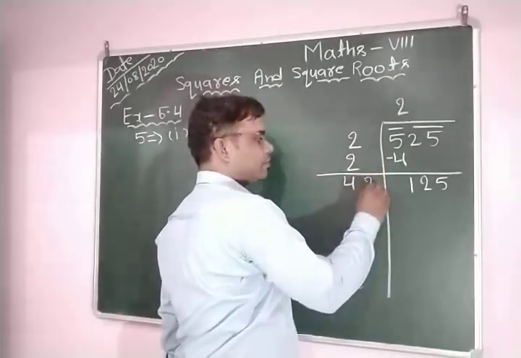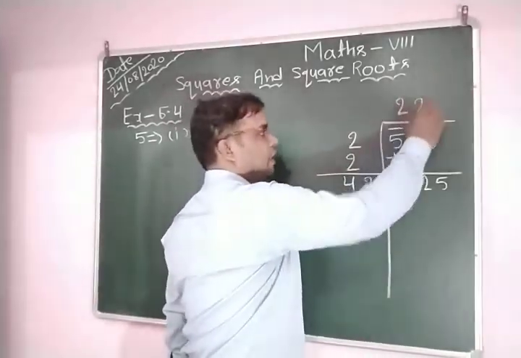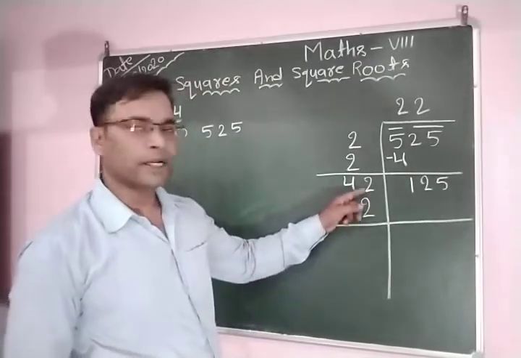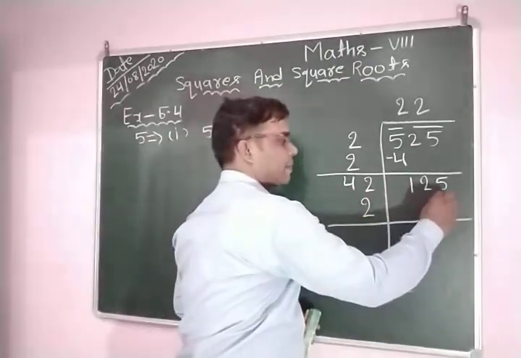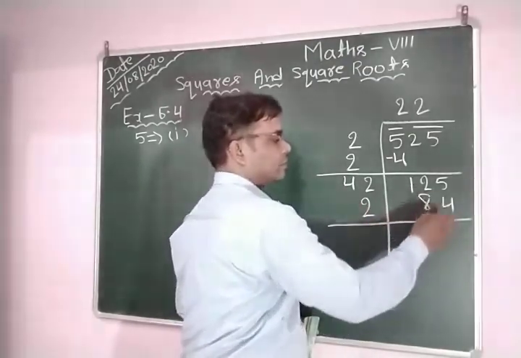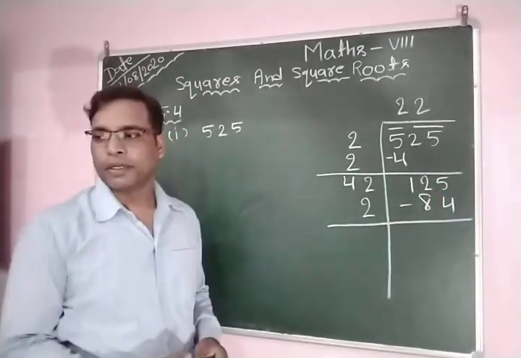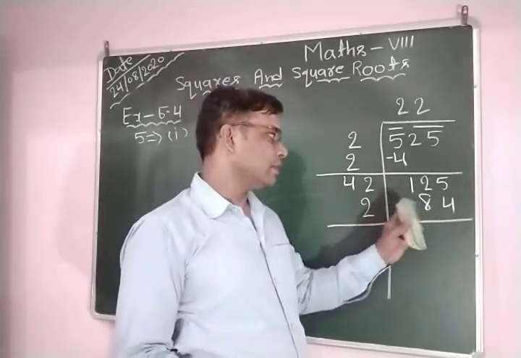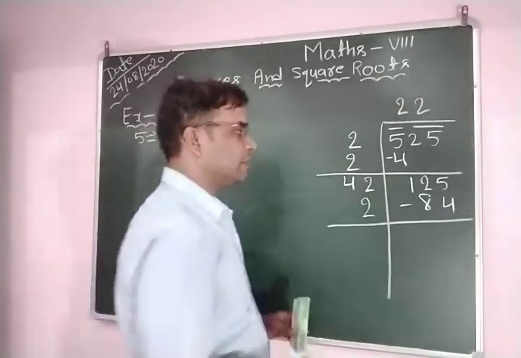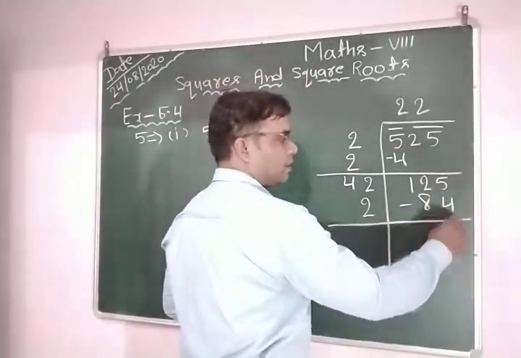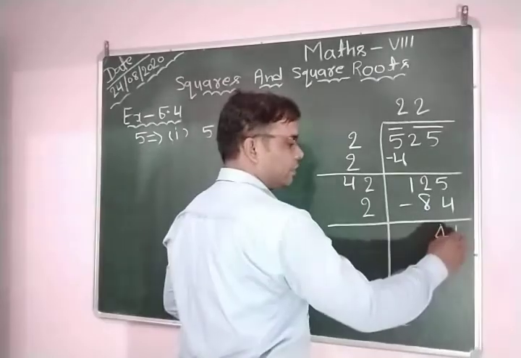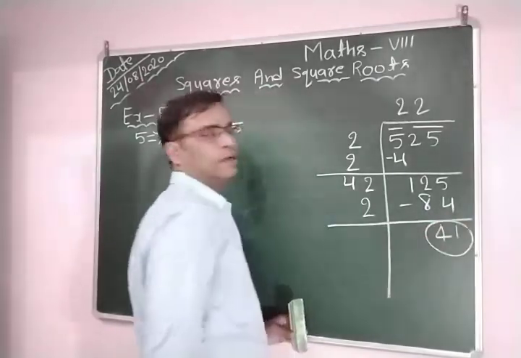So we write 2 here and 2 in the divisor. Then 2 times 2 is 4 and 2 times 4 is 8, giving 84. Subtracting 84 from 125, 5 minus 4 is 1 and 12 minus 8 is 4. So the remainder is 41.